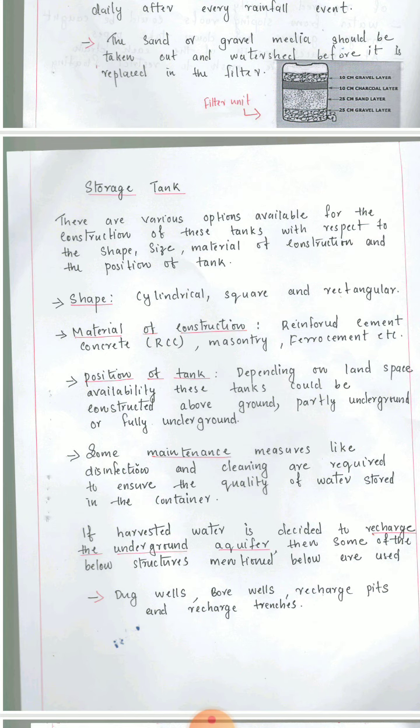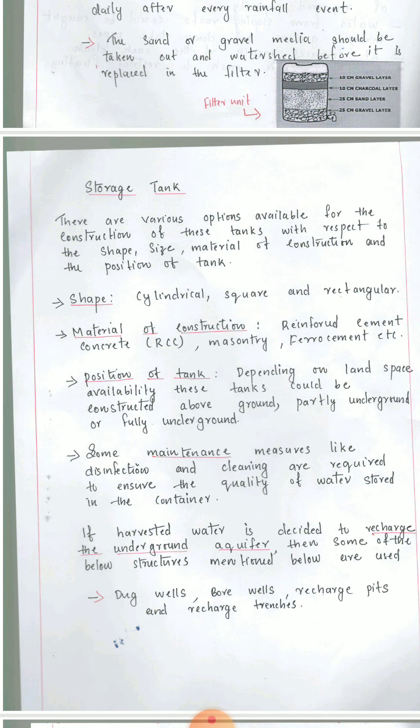Some maintenance measures like disinfection and cleaning are required to ensure the quality of water stored in the container. To maintain the quality, the disinfecting process of the storage tank should be done. If the harvested water is to be used to recharge the underground aquifer, then some of the structures mentioned below are used.